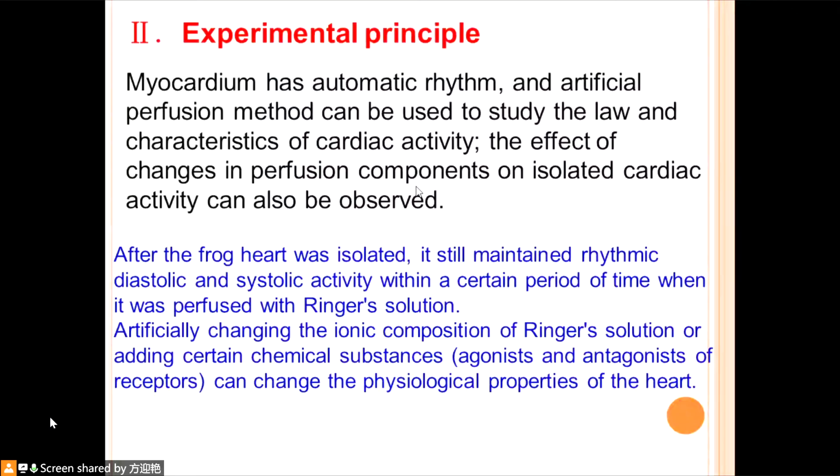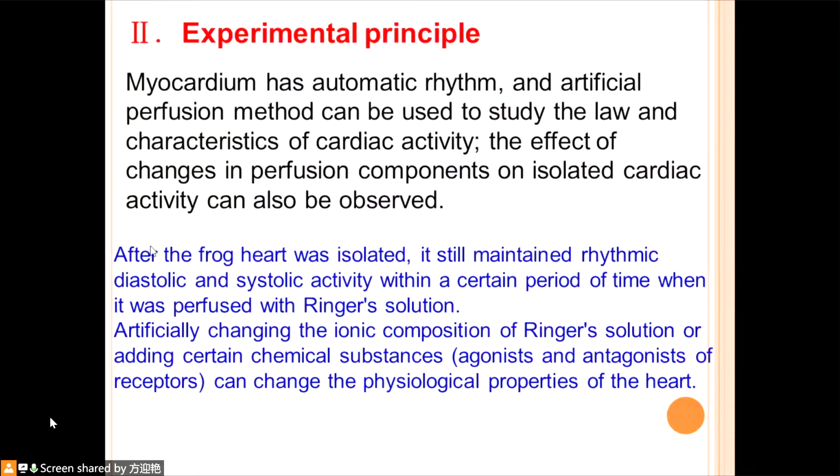We also add some drugs into the perfusion fluid, and then we can find that these ions or drugs influence the isolated cardiac activities, and we record the cardiac muscle contraction curve.